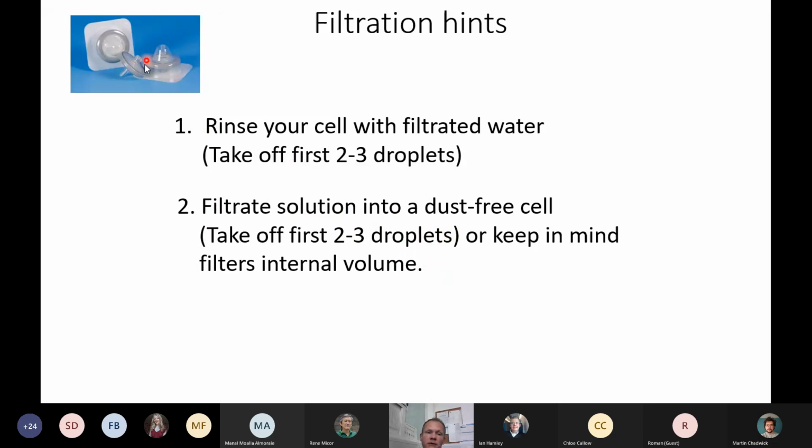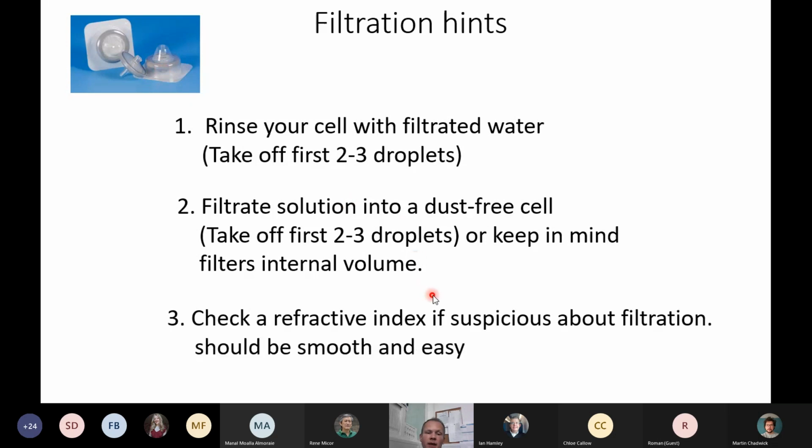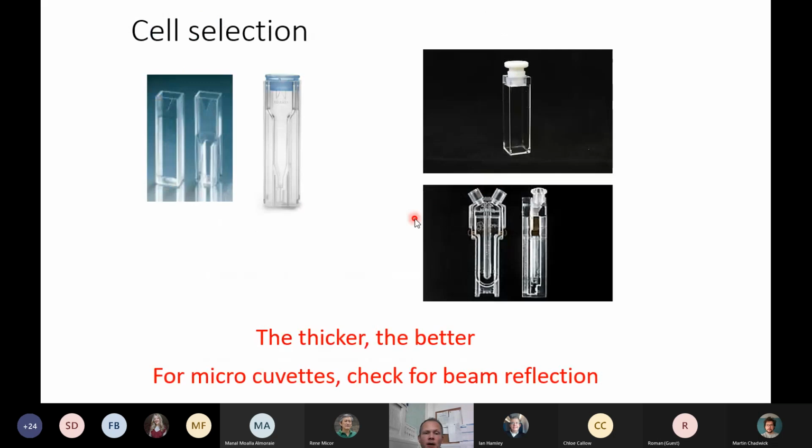Also remember, if you're working with a low volume, that some amount of solution will stay inside of the filter, right? Then check the refractive index if you suspect that some amount of material was retained by the filter, for example if there is some interaction between the filter material and your proteins.